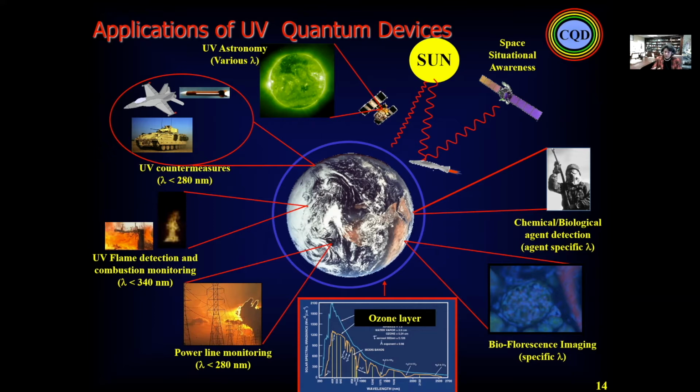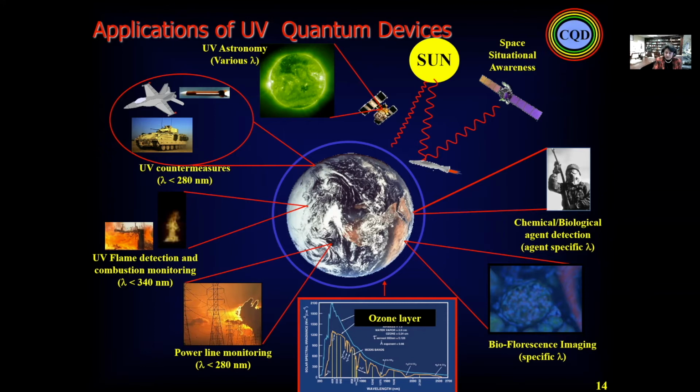Ozone between 280 and 320 nanometer is opaque. So if we want to do telecommunication above the ozone and to have information about, as an example, space, situational awareness, or astronomy, we need to have very high performance optoelectronics in UV.